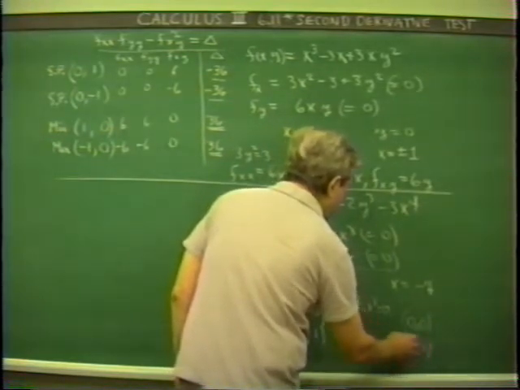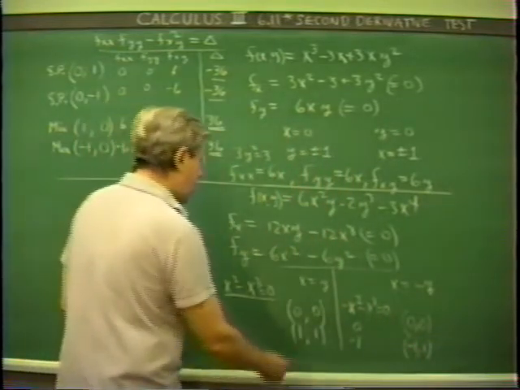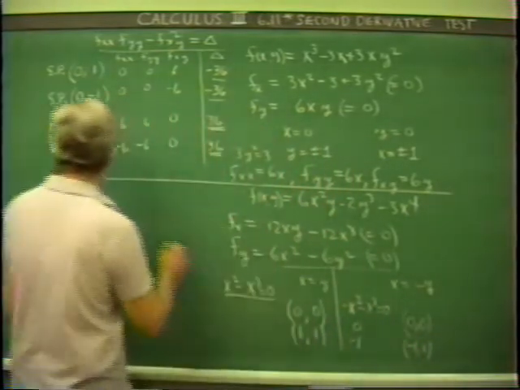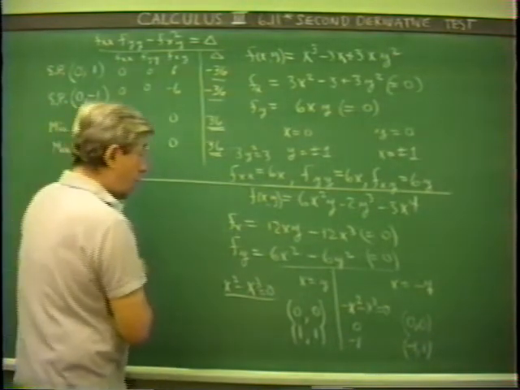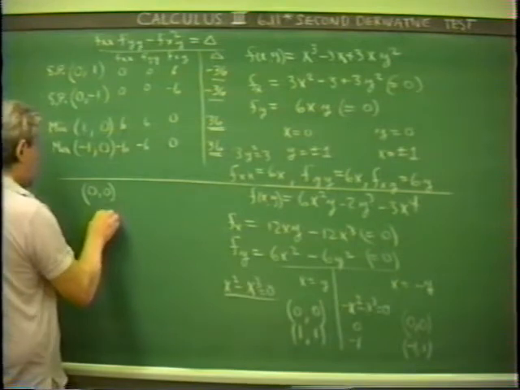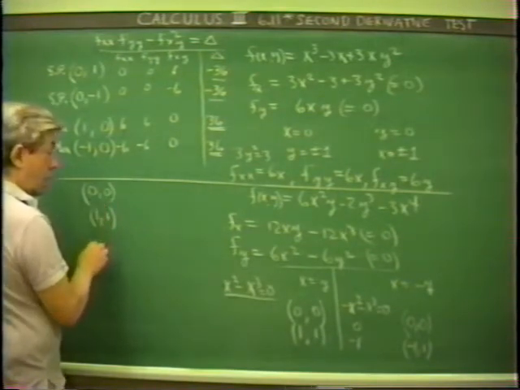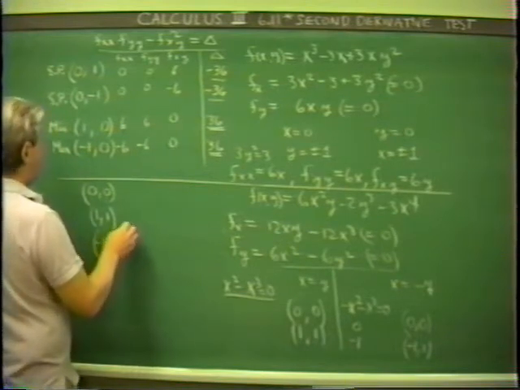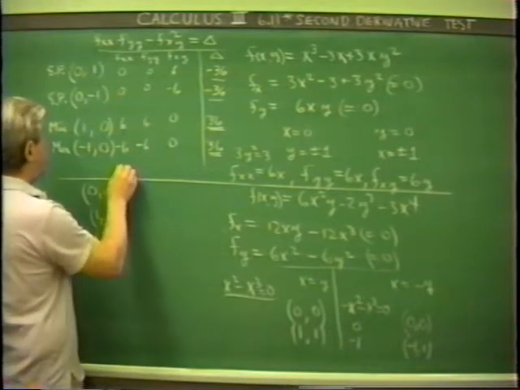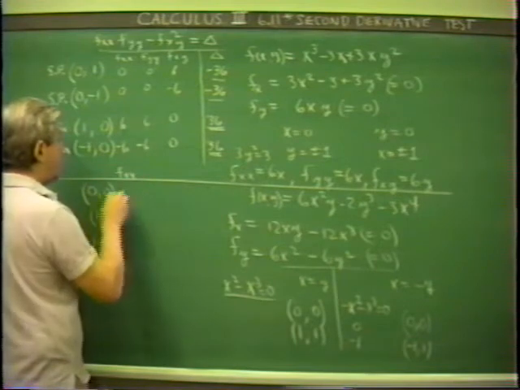So we get 2 points here. X is 0 and y is 0, and the other point is x is minus 1 and y is 1. So altogether we've got only 3 points: 0, 0; 1, 1; and minus 1, 1.